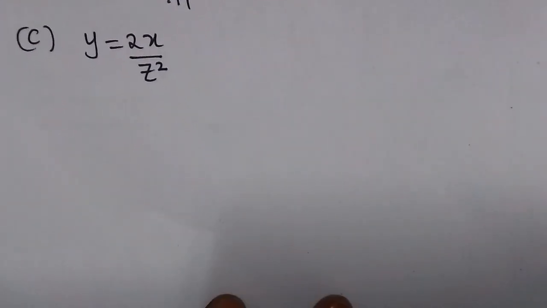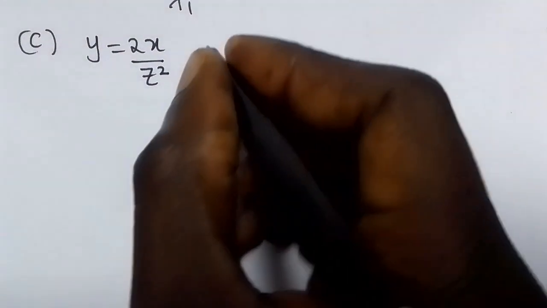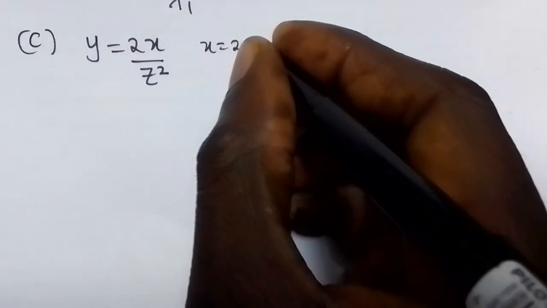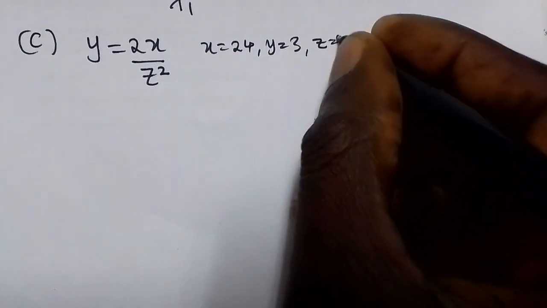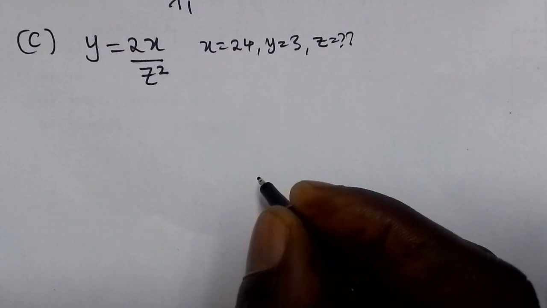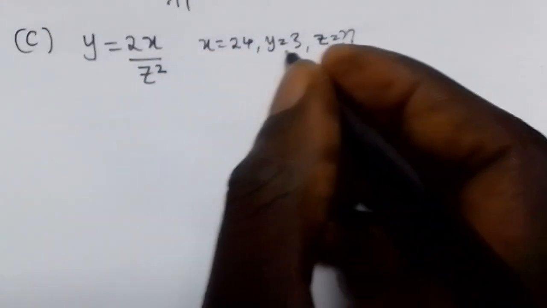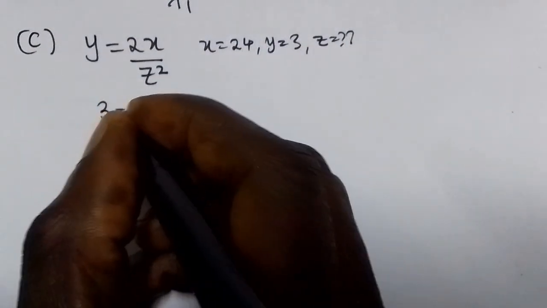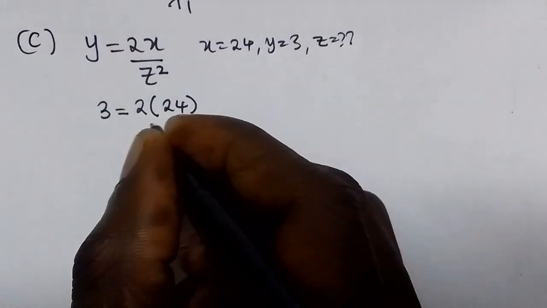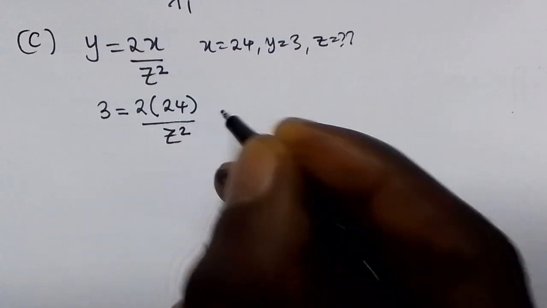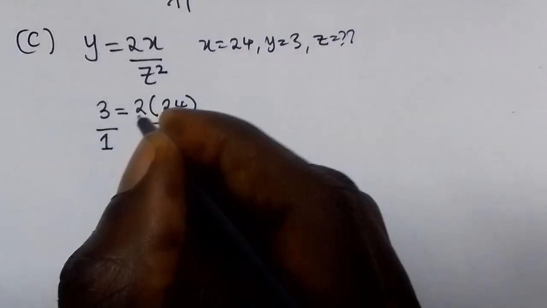So now all we have to do is substitute. Remember, x is given as 24, y is given as 3, and we want the values of z. So we put 24 on x and 3 on y. We'll start with 3 equal to 2 times 24 over z square. So this here is a fraction, so over 1.